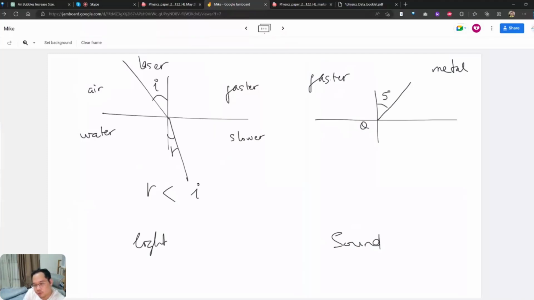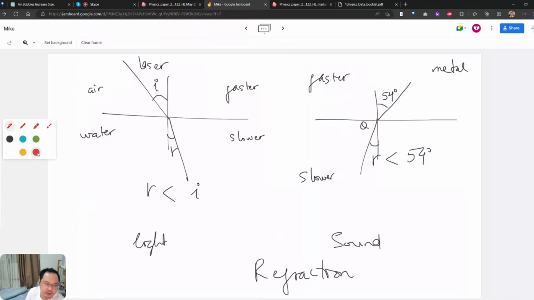This angle is 54 degrees. In the air, the sound travels more slowly, so the angle will be smaller than 54 degrees. Okay, physical refraction.